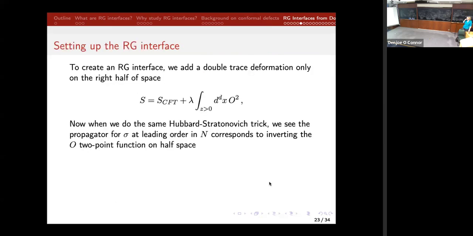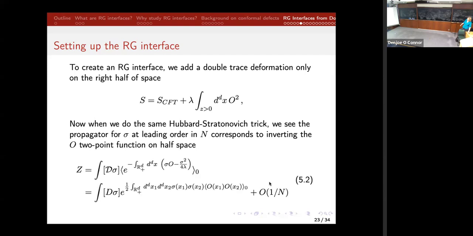If we then want to create an RG interface, we can add a double trace deformation only on the right half of space, z greater than 0, where one of the coordinates is z. Now we can do the same Hubbard-Stratonovich trick, but in this case we just get an integral over R plus to the d.